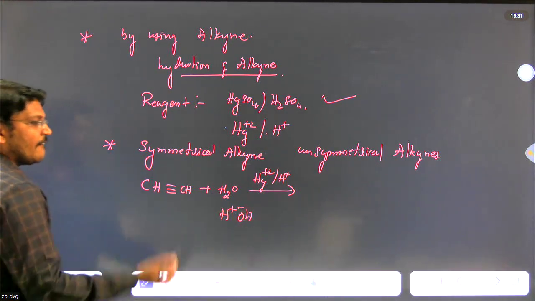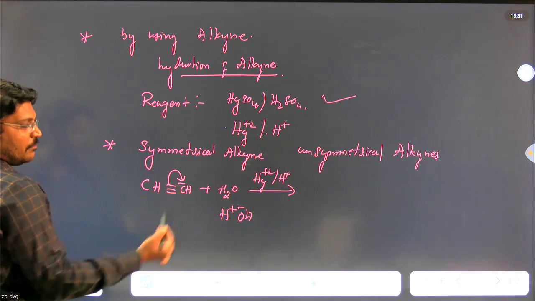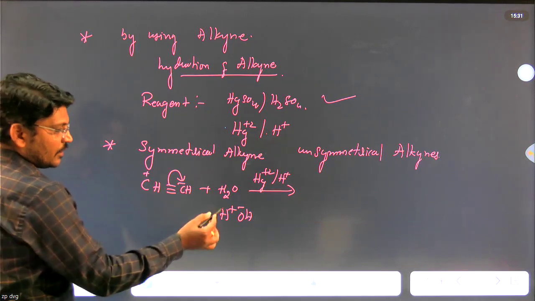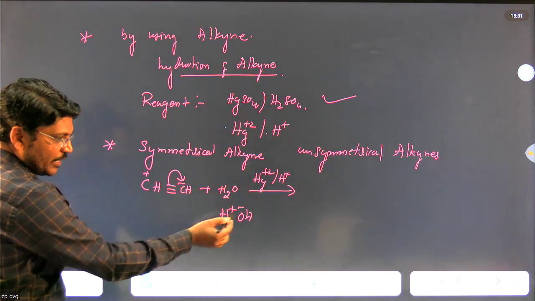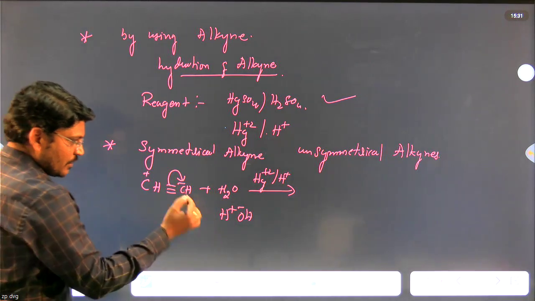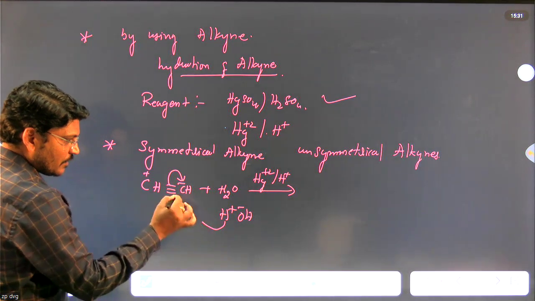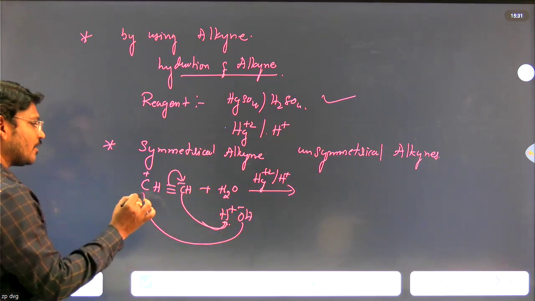So the shifting of components will take place, minus and plus. This is not a mechanism, it is a simple way to understand how H+ and OH minus from the water molecule are added to alkynes. So here for the minus we can add H plus, for OH minus we can add to C plus.